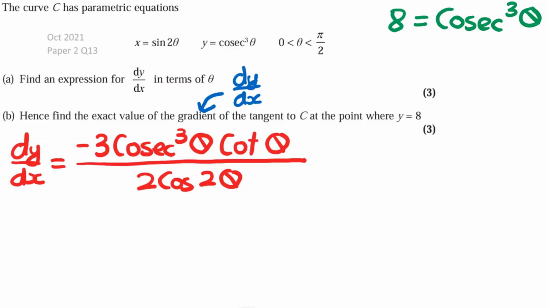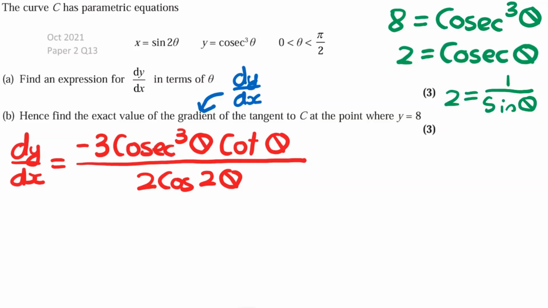If we cube root both sides, we get that 2 is equal to cosec theta. Remember, cosec theta is equal to 1 over sin theta, so that means that 2 is equal to 1 over sin theta. And if we bring this 1 numerator onto this side, we get that a half is equal to sin theta. So therefore, that means that theta is going to be equal to pi over 6 if you put it into your calculator.